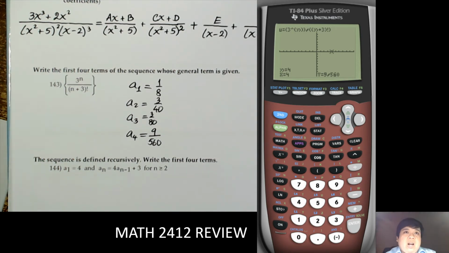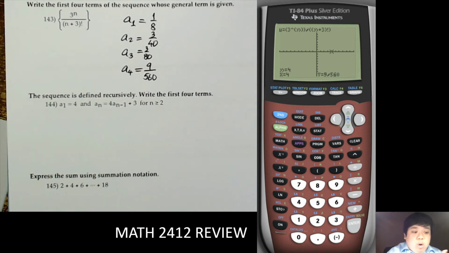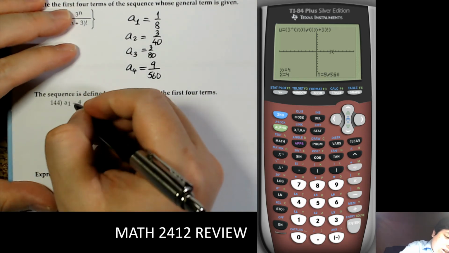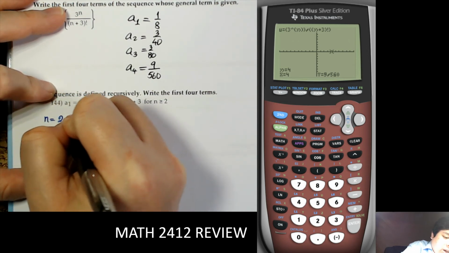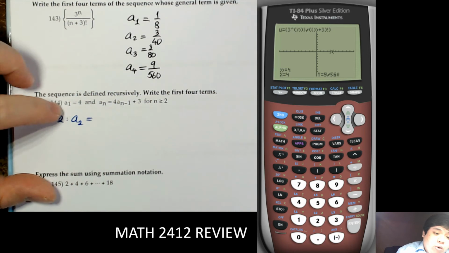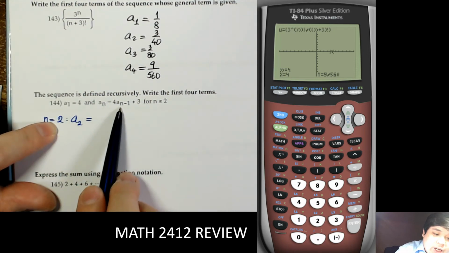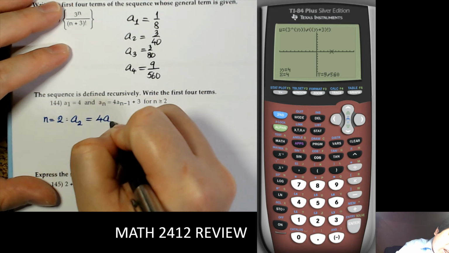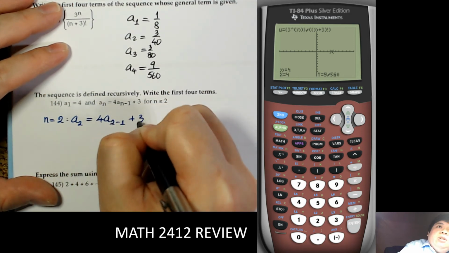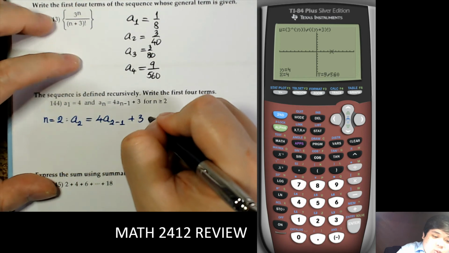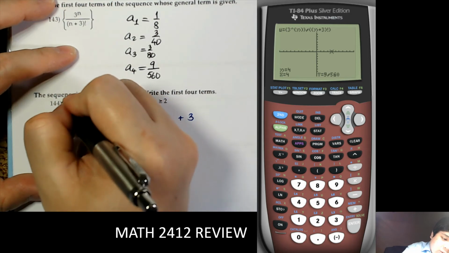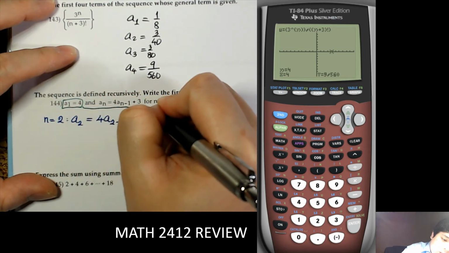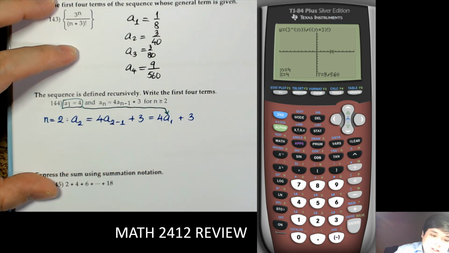Right, the next one is kind of the same thing but in recursion. I'm going to do it by hand first, and then we can use the calculator. So first term is 1 when n equal to 1. When n equal to 2, we have a2 is equal to, of course we don't know from here, but we can put 2 here and here. 4 times a 2 minus 1 plus 3. 2 minus 1 is just a1 plus 3, and suddenly we can substitute into this.